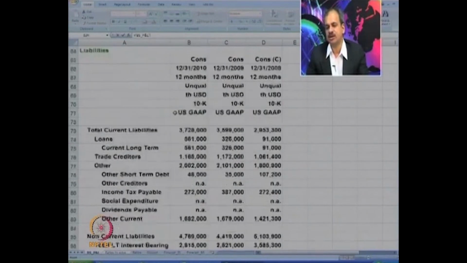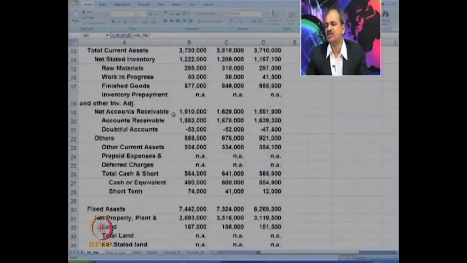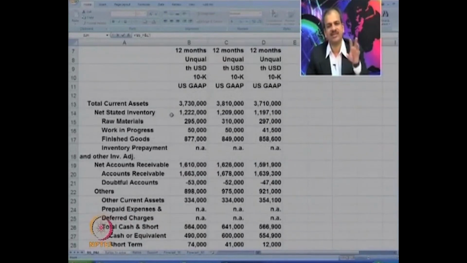Trade creditors, sorry, I am looking at liabilities. Actually we should look at assets, because first we are looking at current assets. So in current assets you can see the first item is inventory, which is divided into raw material, WIP, finished goods. None of it qualifies as a quick asset.